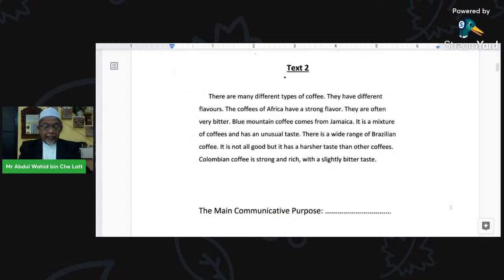Okay, the text is basically describing the different types of coffee. It is a factual description. This is identified by the occurrence of the verbs are and have in line 1, have and are in line 2, comes in line 3, has and is in line 4, is and has in line 5, and is in line 6.